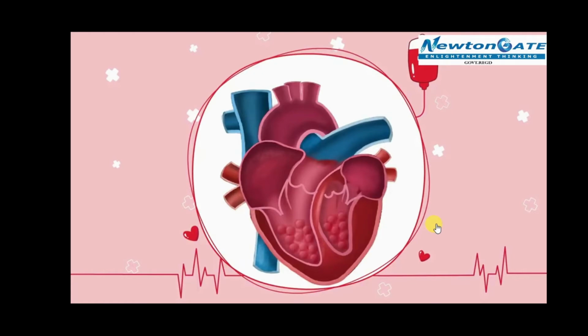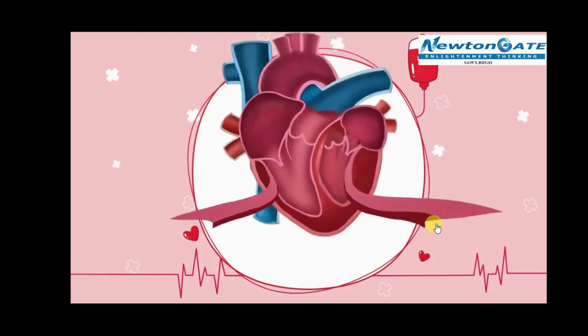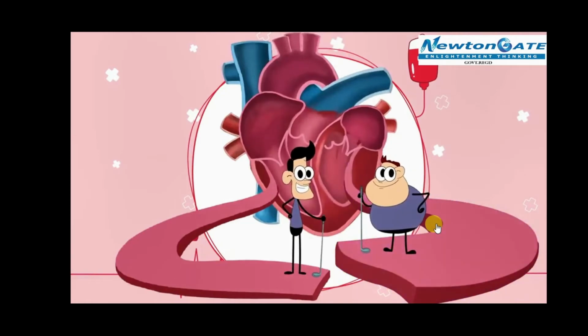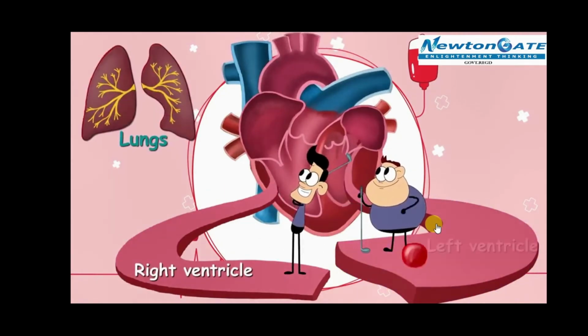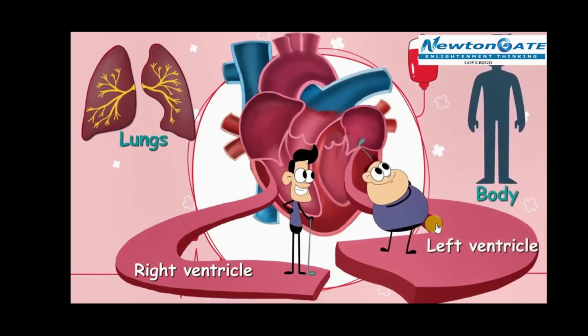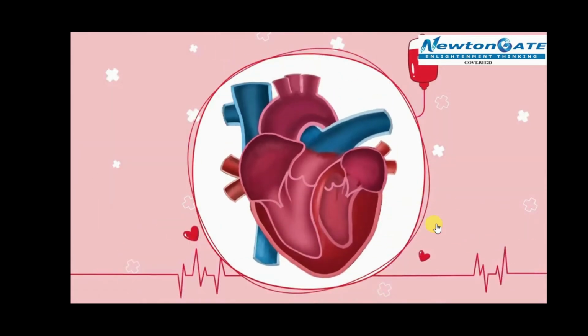Because ventricles have to pump blood throughout the body, so they need more pressure. See? Now, the left side is much thicker than the right side of the ventricle because the right side pumps blood to the lungs and the left side pumps blood throughout the body.